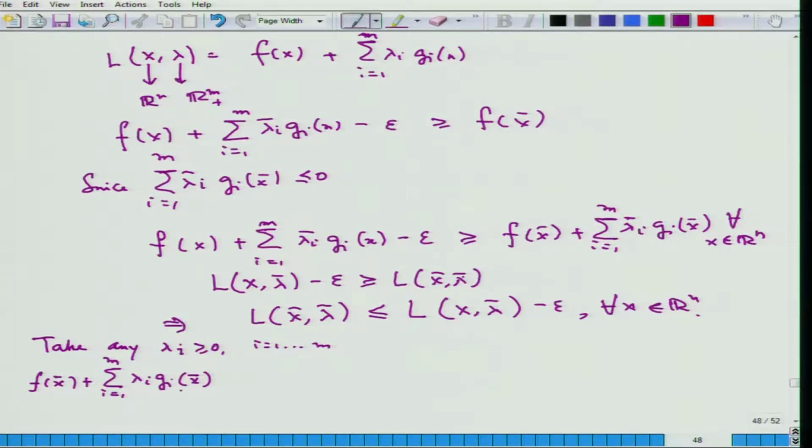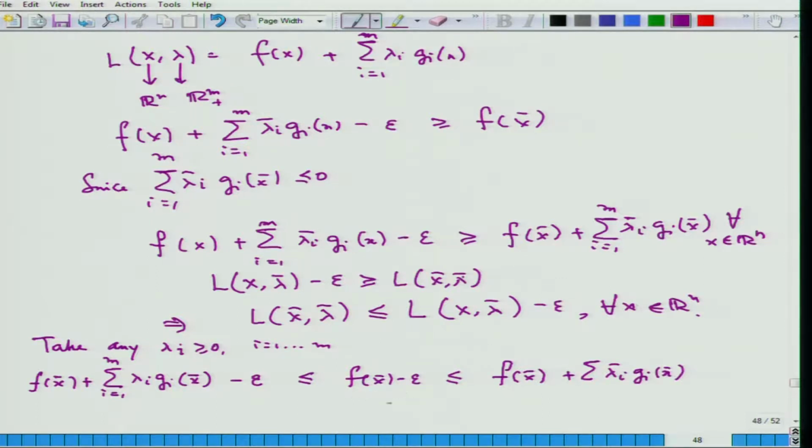So, this whole thing is less than equal to 0 minus epsilon, is less than equal to, now this thing is less than f x bar because this is a negative quantity. So, it will become f x bar minus epsilon, which is less than equal to f x bar plus summation lambda I bar g I x bar.